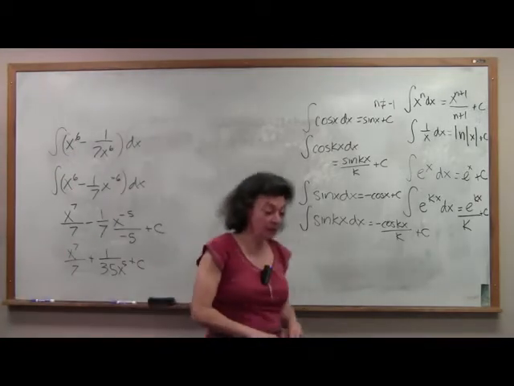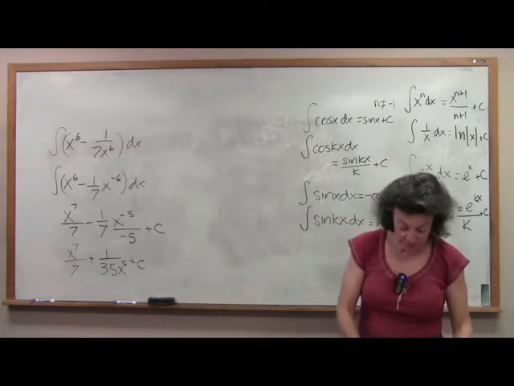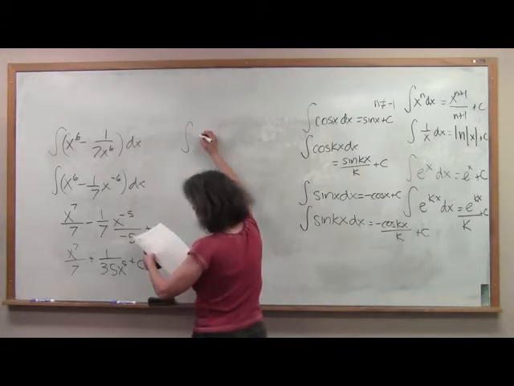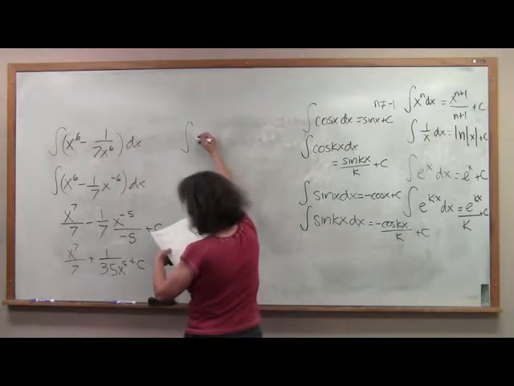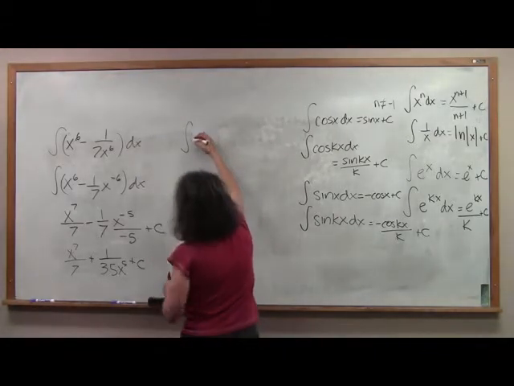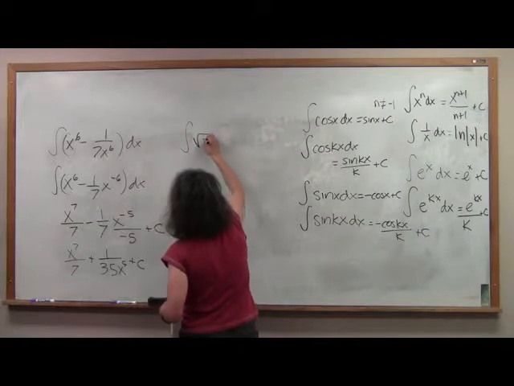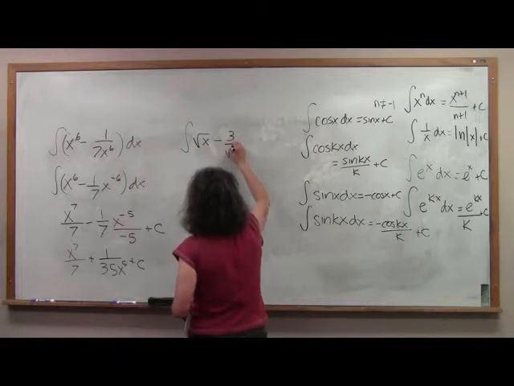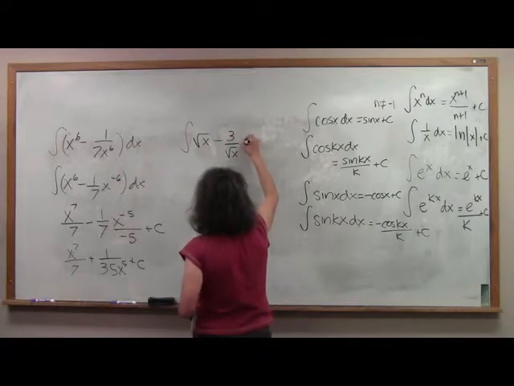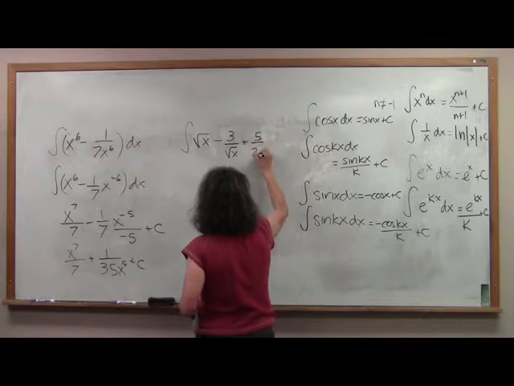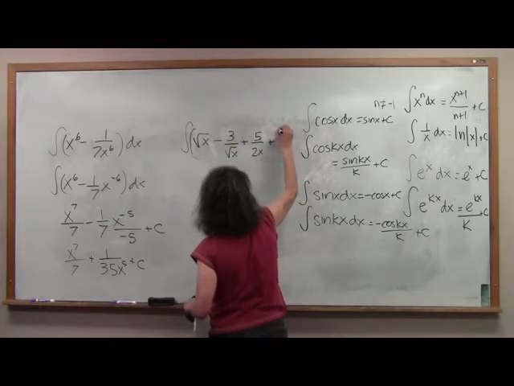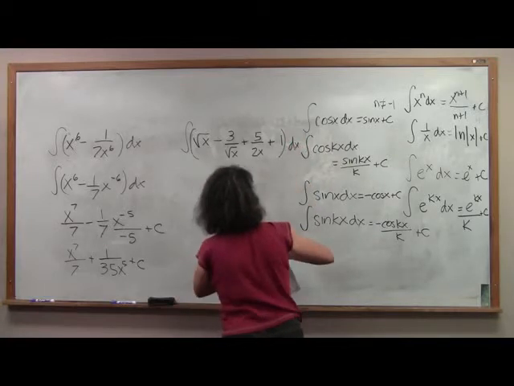All right, let's go through another one. What if I want to compute the antiderivative of the square root of x minus 3 over the square root of x plus 5 over 2x plus 1 dx.